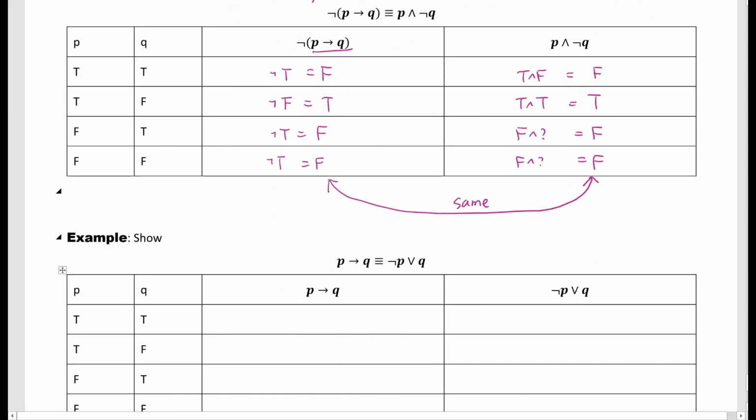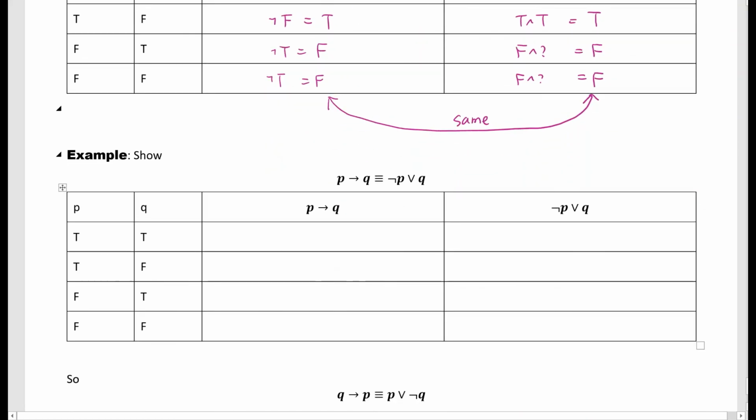Okay, let's continue. So P implies Q is equivalent to, let's see, P implies Q. We know this is false only if P is true and Q is false. So this is false. All the rest is true.